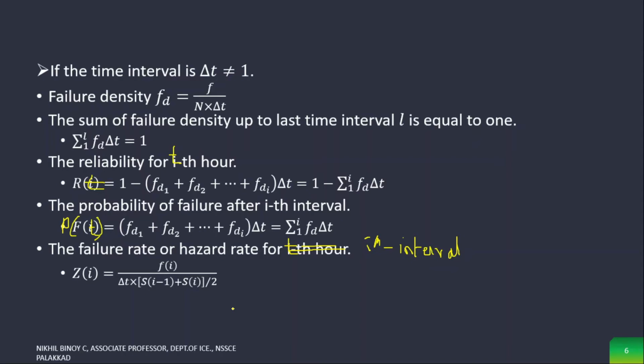Now, what is the relationship between failure rate and reliability?